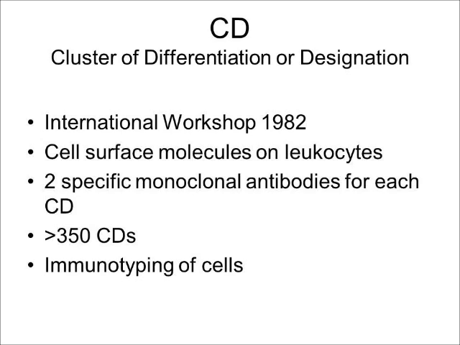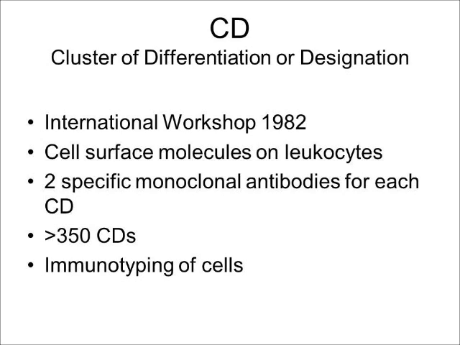The proteins are identified through monoclonal antibodies which recognize specific structures within the proteins. For each particular CD, there are two different monoclonal antibodies that can be used to recognize its structure. Generally, these are mouse monoclonal antibodies that specifically bind to proteins on the surface of human leukocytes.